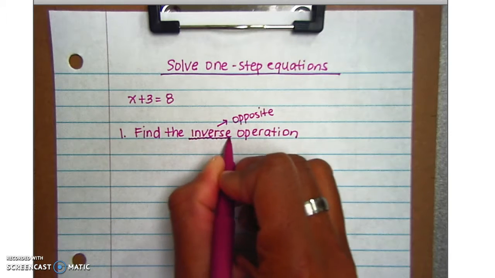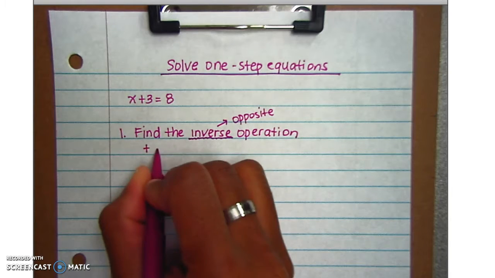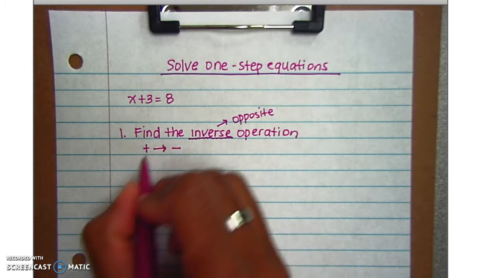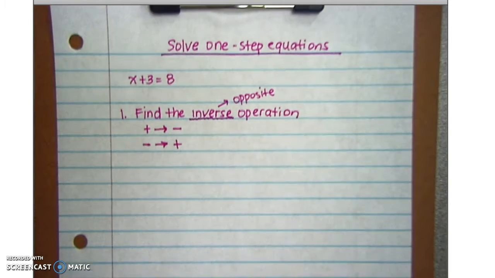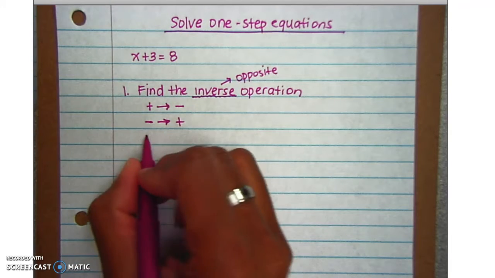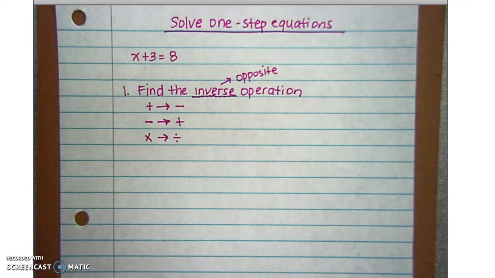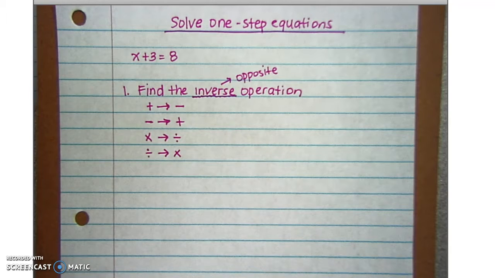So we are finding the opposite operation. Meaning, if we're starting off with addition, the opposite is subtraction. If we're starting off with subtraction, the opposite is addition. If we're starting off with multiplication, the opposite is division. If we're starting off with division, the opposite is multiplication.